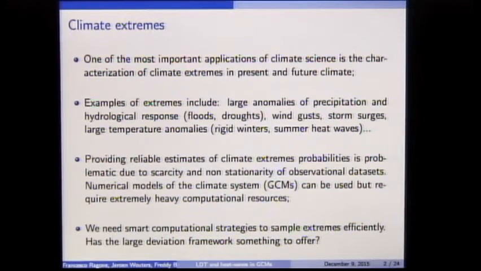So we have few data. The second problem is that because of global warming, the time series of these observables normally are non-stationary. It's already difficult to find the probabilities of very rare events when you have a stationary process. If you have something that changes in time, it's almost impossible. So it's very difficult to work on data, and you have to rely a lot on numerical simulations.